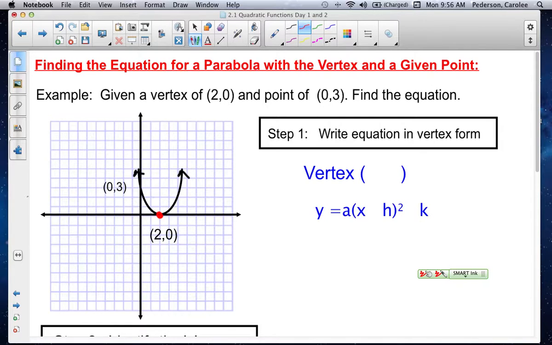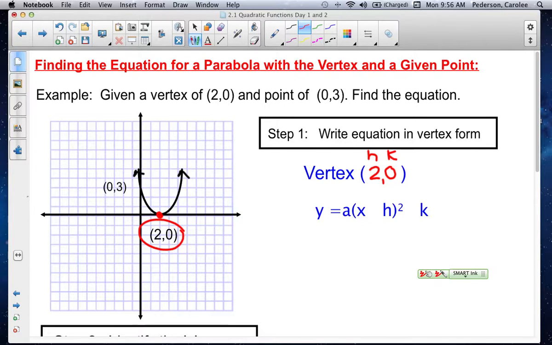All right, so we need to find the vertex points. So there's our vertex, (2, 0). Remember back from yesterday's lesson, that was your h and your k. With h you have to think opposite, that's inside the parentheses.